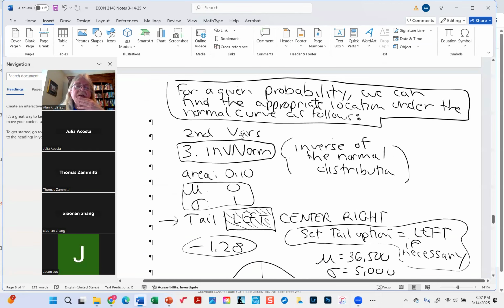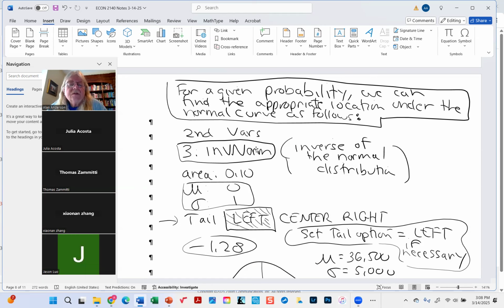Aha, now this one is new. We haven't seen this before. So you go back to your calculator and you say, oh, I have not seen this before. On that same menu that we've been using, second vars, if you scroll down to number 3, you'll find the function INV norm, which means the inverse of the normal distribution.